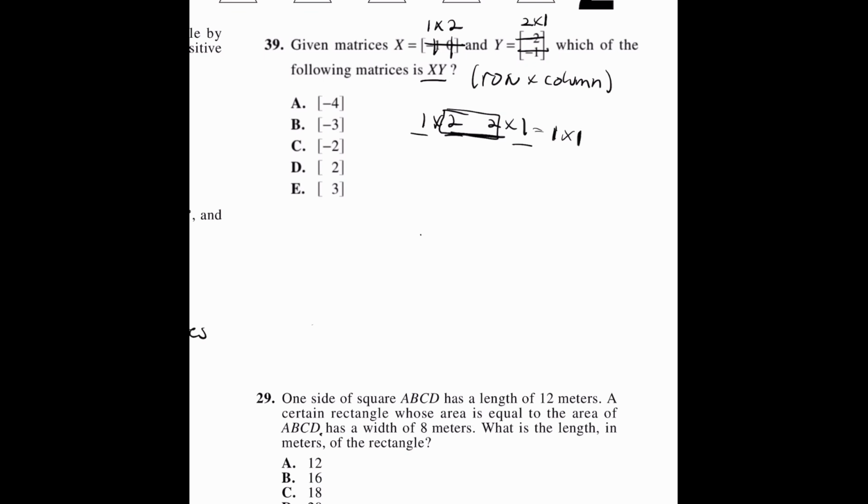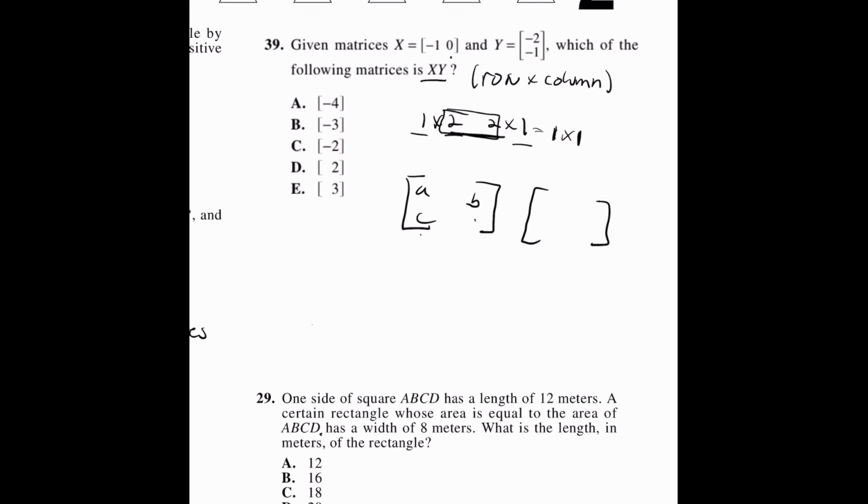Okay? And when we multiply matrices, I'm going to give you an example here of a 2 by 2 and another 2 by 2. We have x, y, well, let's change our variables. I don't like these variables.